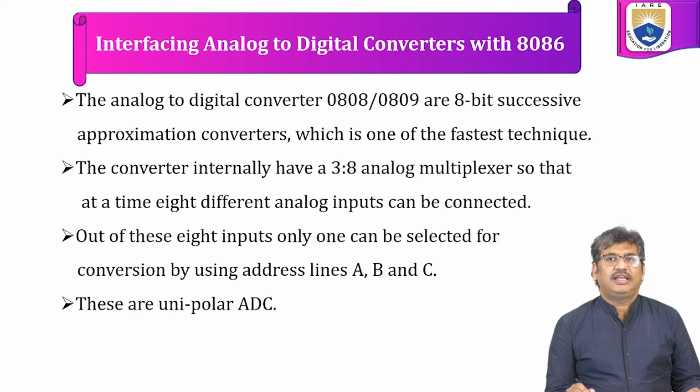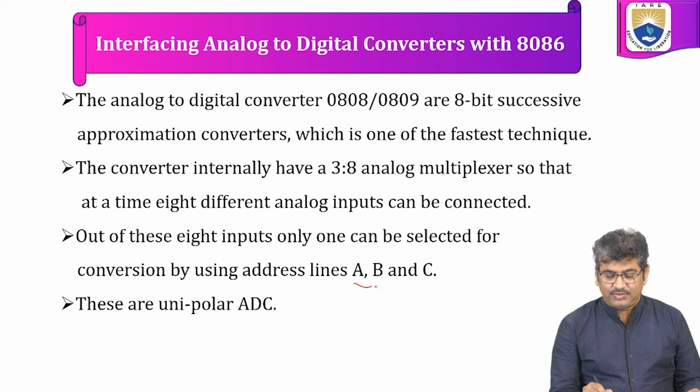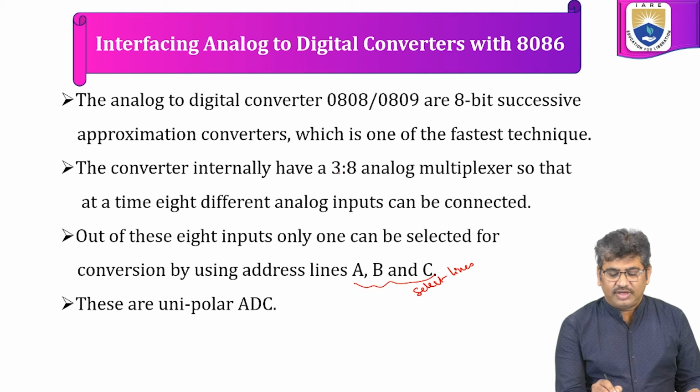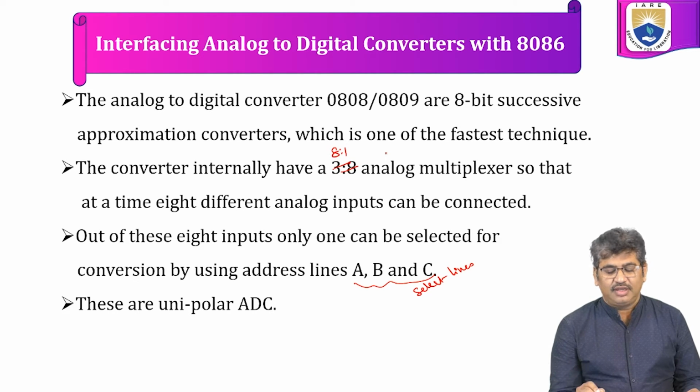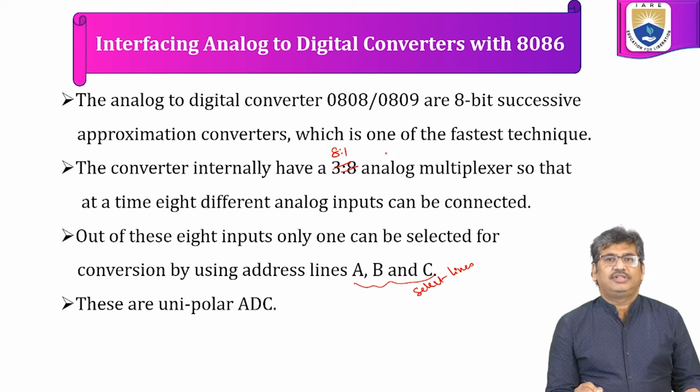Out of these 8 inputs, only one can be selected for conversion by using the address lines A, B, C, which act as the select lines for this multiplexer. So we can take this as an 8:1 multiplexer with 3 select signals.